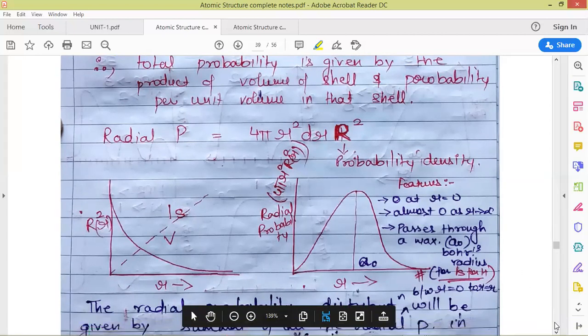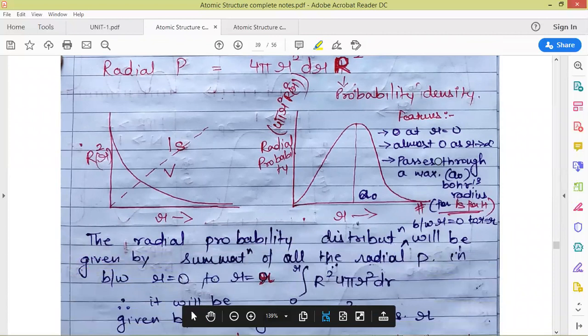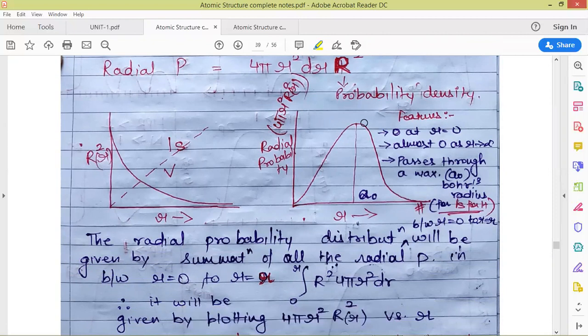So here again comes Bohr's radius, which was also accepted by Schrodinger's wave equation, as the radius where probability was maximum, but electron density can never be 0 before or after that. This was predicted by Bohr, that the electron is only present in that orbit, but according to Schrodinger, the electron can be present anywhere around the nucleus, but the maximum probability is at the radius which was predicted by Bohr.